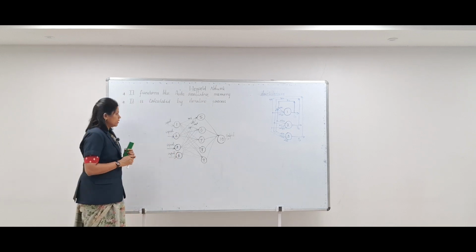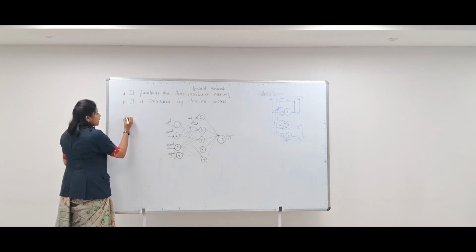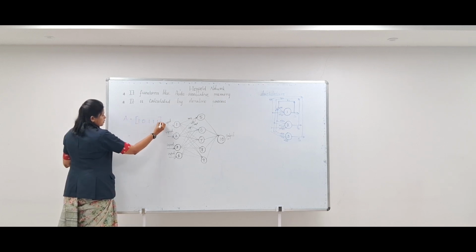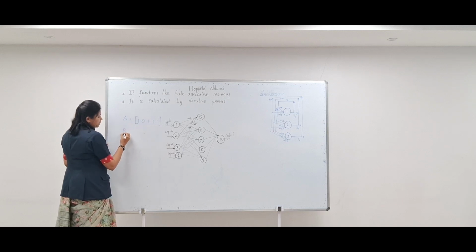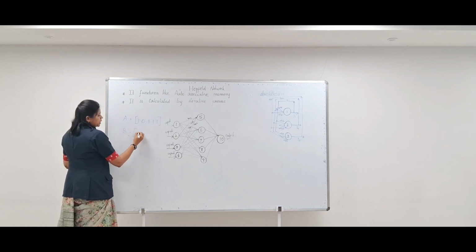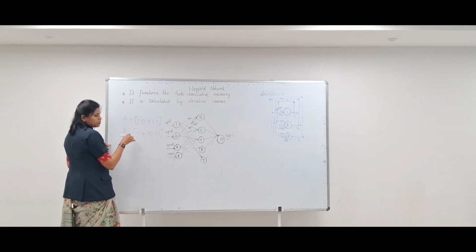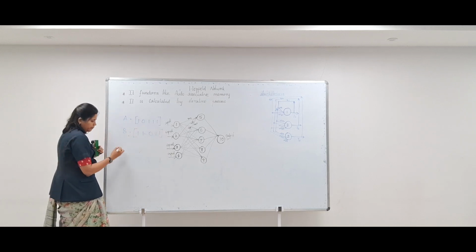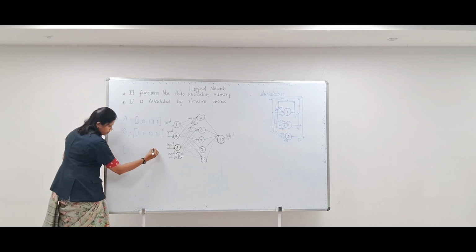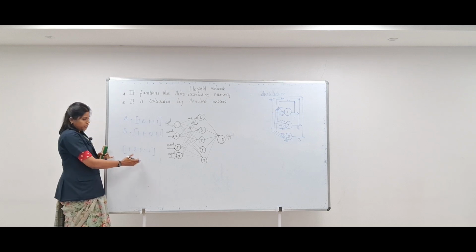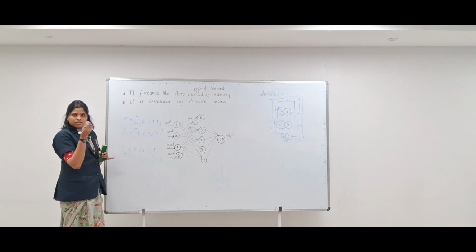For example, let's say it has a pattern A equal to 10111. Just imagine this is one pattern, and it has another pattern. If it receives an input, here you see there is a missing input.